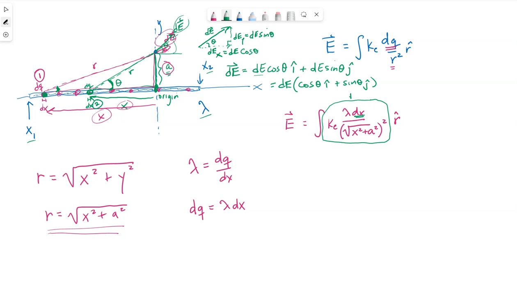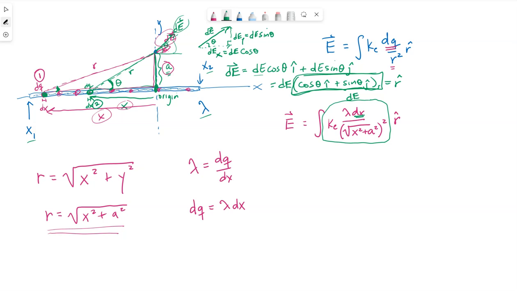So again, what I boxed right here represents the magnitude of this electric field. This, I'll box it, is r hat. That represents the unit vector that describes the direction of the electric field at that specific location.